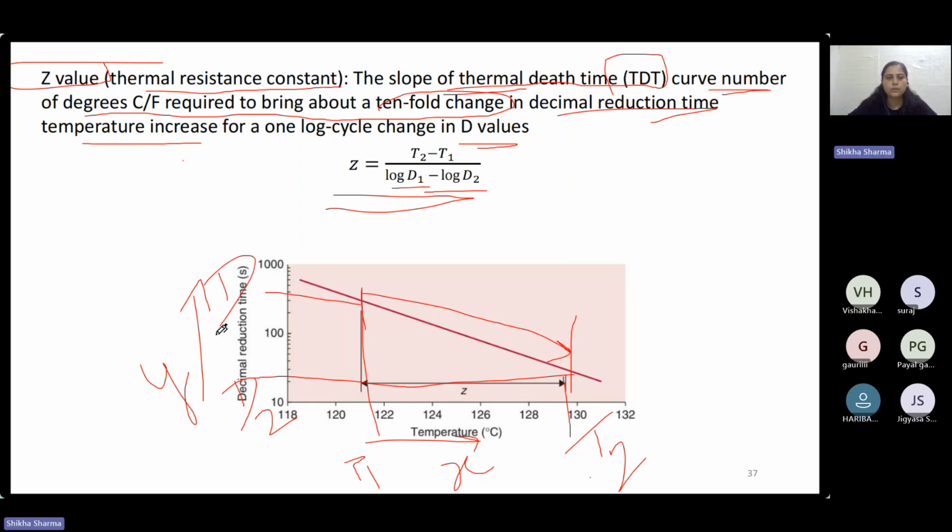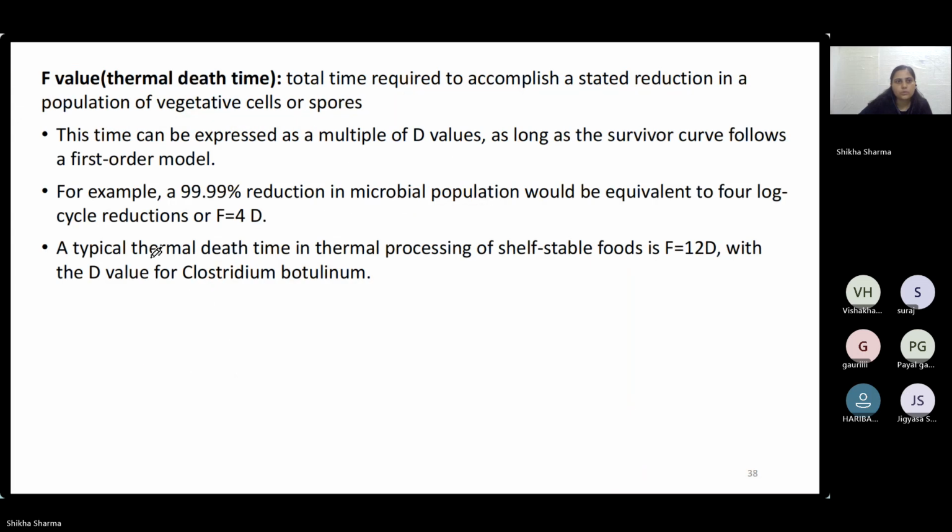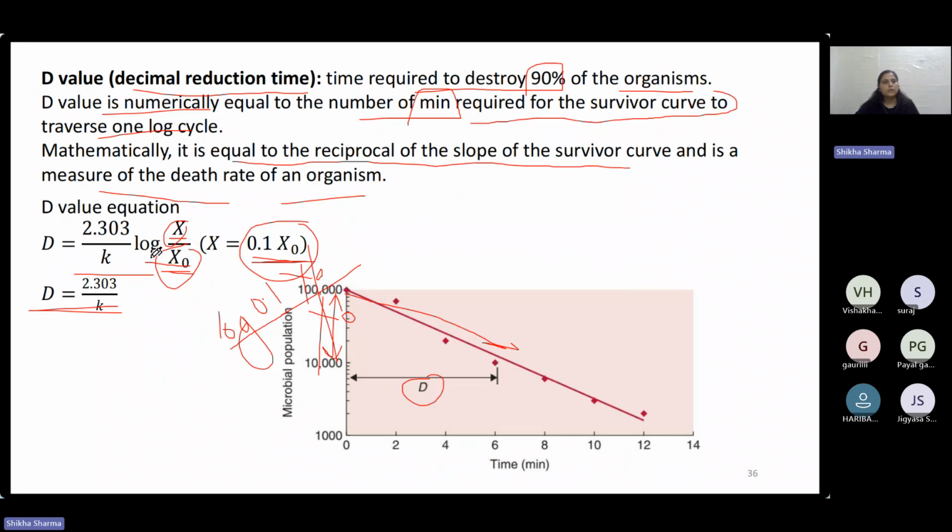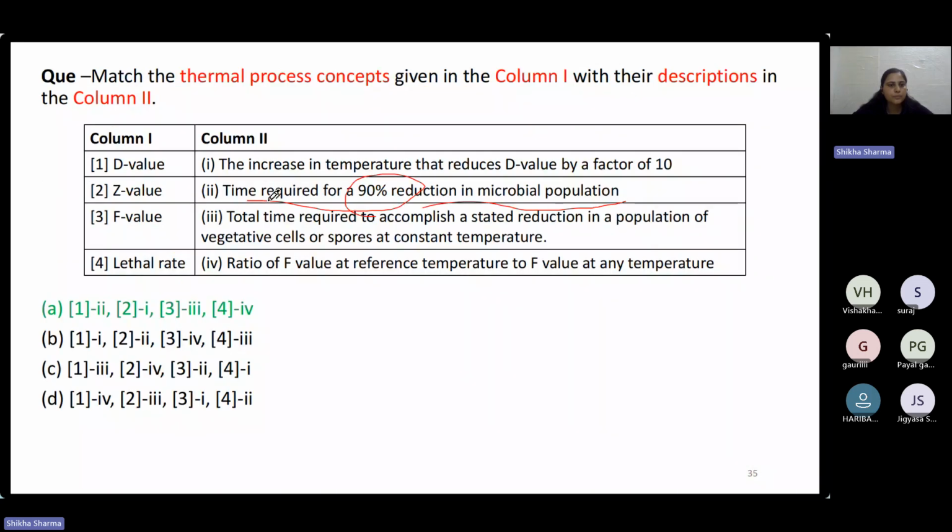So we need to calculate the slope, which is T2 minus T1 upon log D1 minus log D2, because the y axis is in log scale. So Z value will be the increase in temperature that reduces D value by a factor of 10.